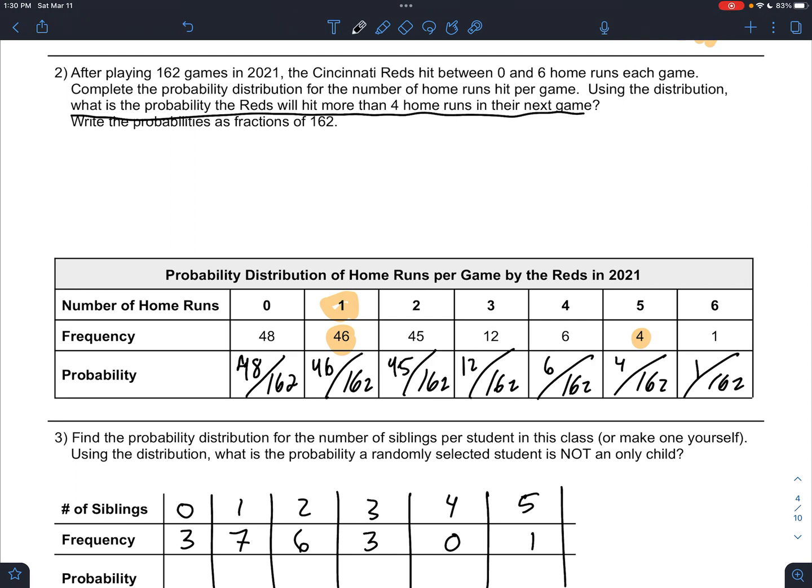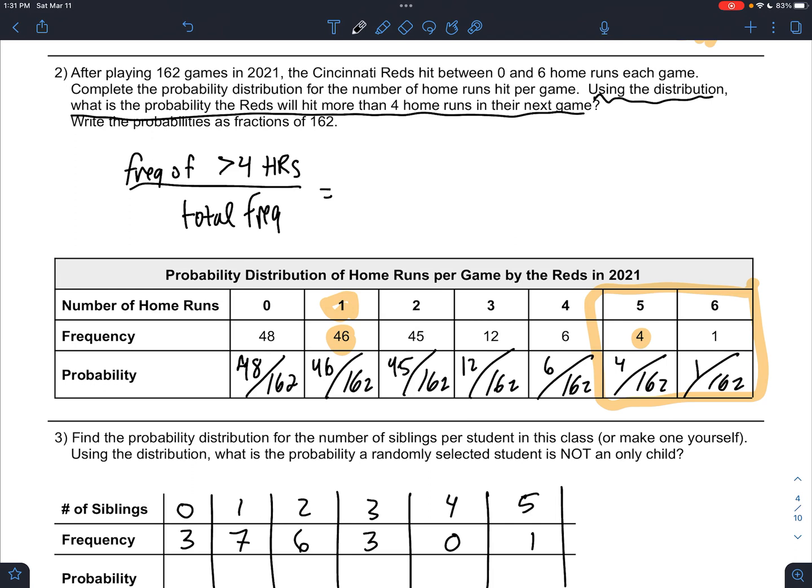And then the question was, what's the probability that the Reds will hit more than 4 home runs in the next game using the distribution? So that would be the frequency of more than 4 home runs over the total frequency.